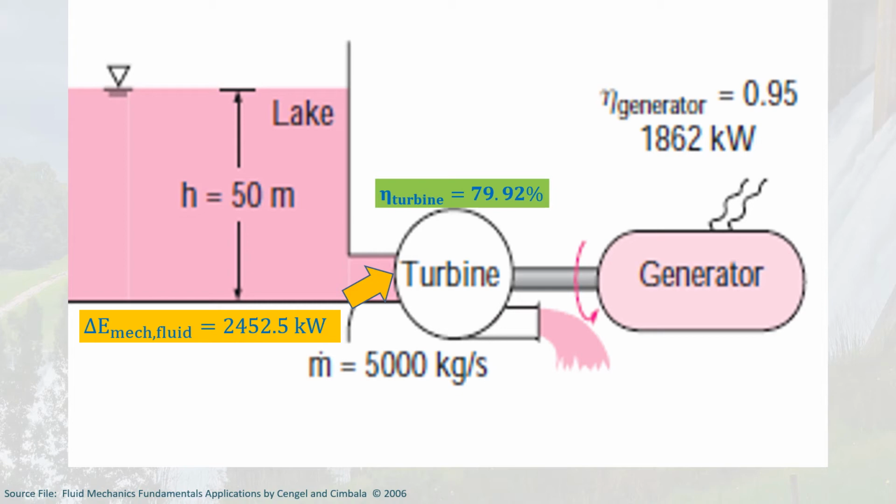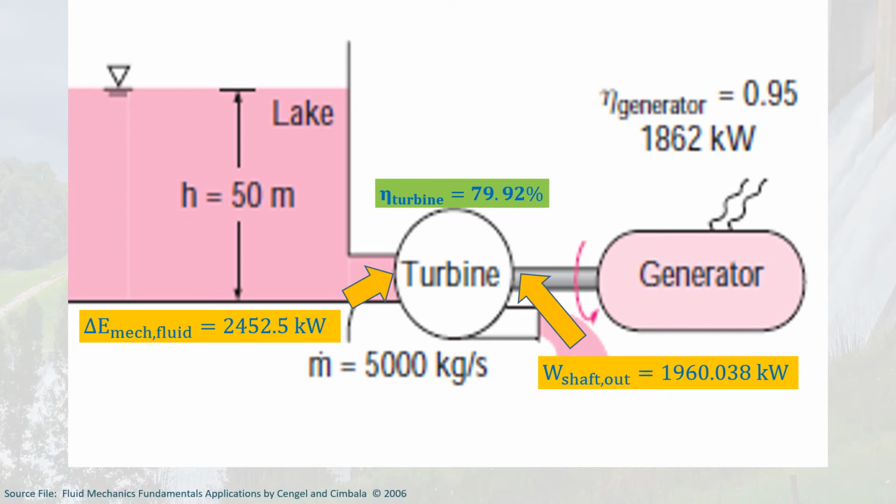20% of this 2452.5 kilowatt is lost in friction, maybe because of the friction in the shaftings of the turbine. So as a result, the shaft output is less by 20% from this value. So that's 1960.038 kilowatt.